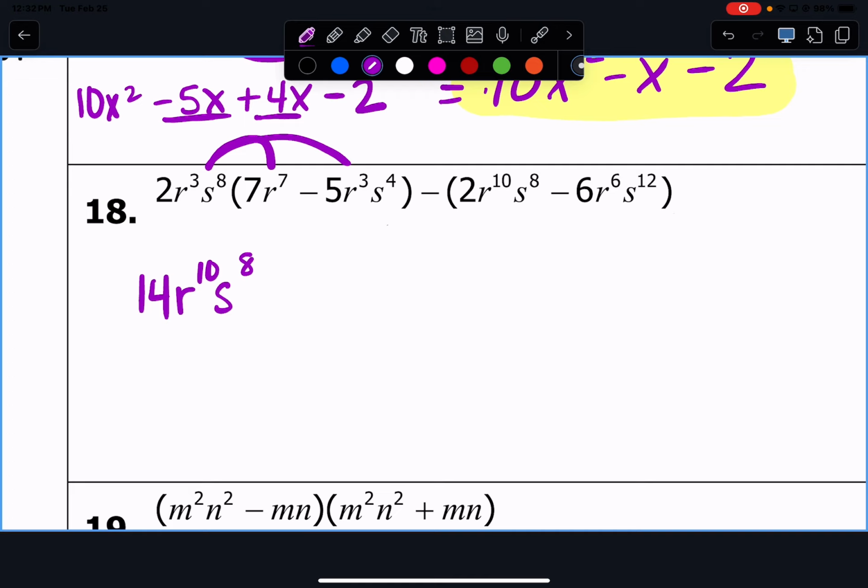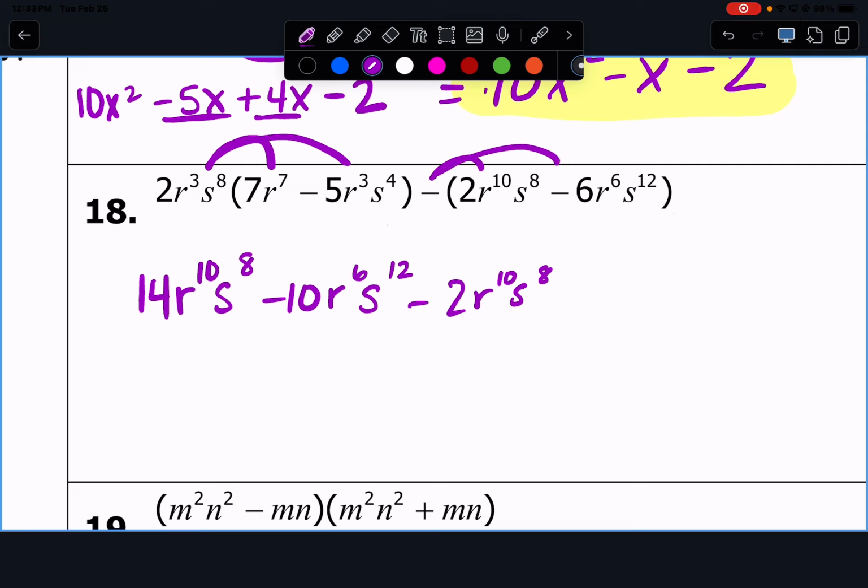Then we're going to distribute again. What is 2 times negative 5? Negative 10. And it'll be R to the 6, S to the 12. Now, for the second half of that, what do I need to distribute? Negative. So we get negative 2 R to the 10, S to the 8. A negative and a negative are going to make a positive.